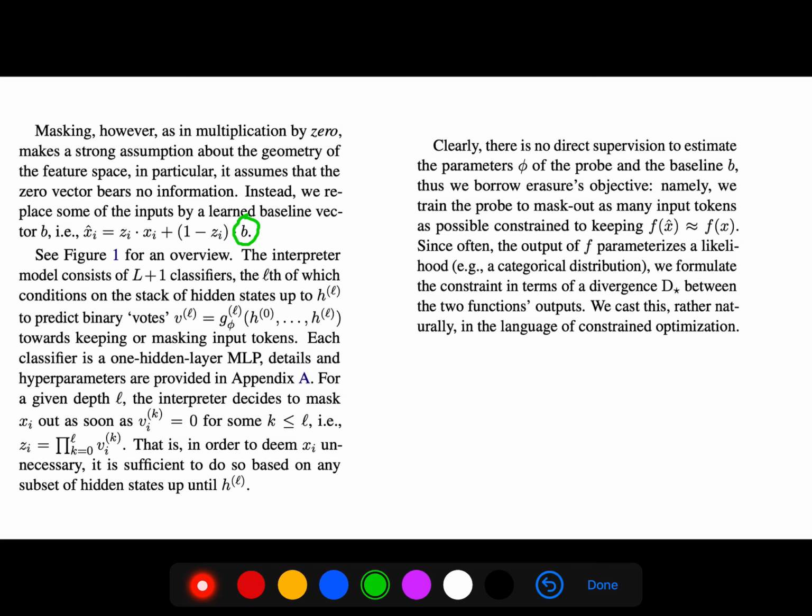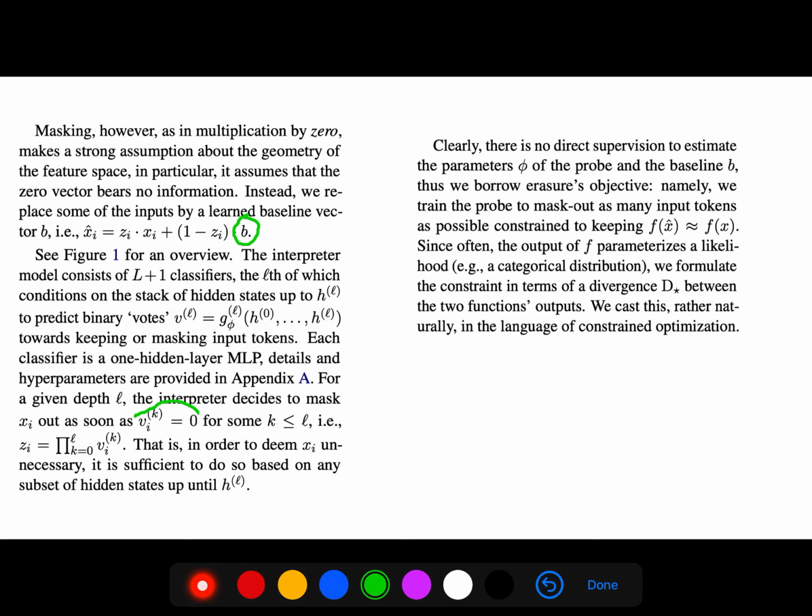For a given depth, the interpreter decides to mask as soon as this holds for some k. That is, in order to deem x sub i unnecessary, it is sufficient to do so based on any subset of hidden states up until h sub L.